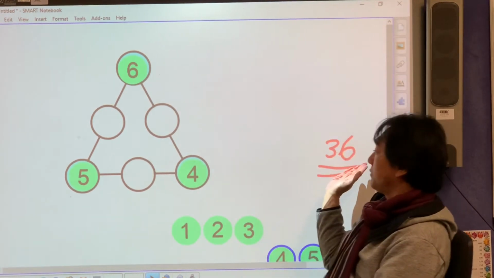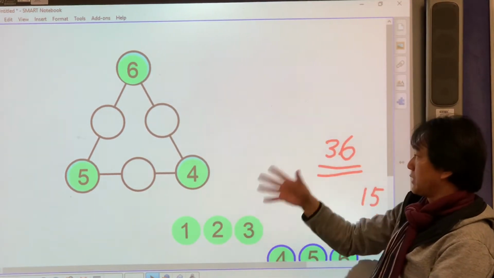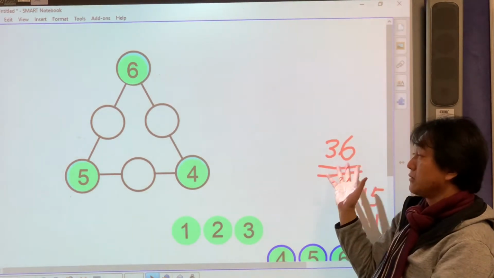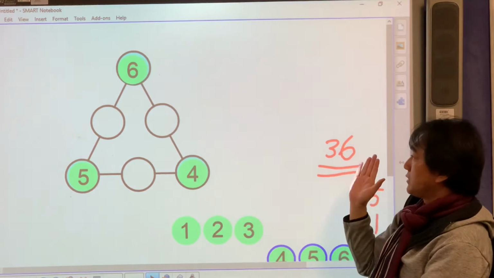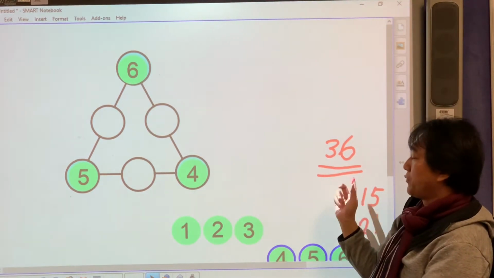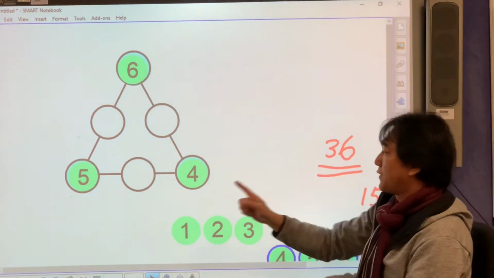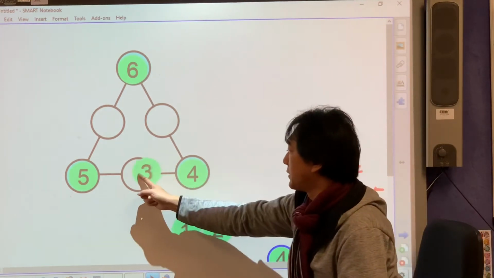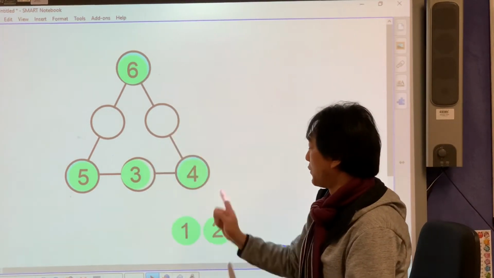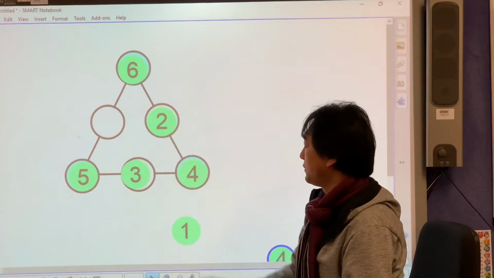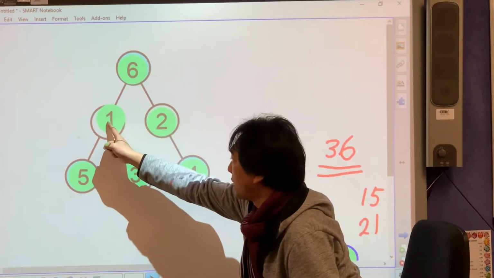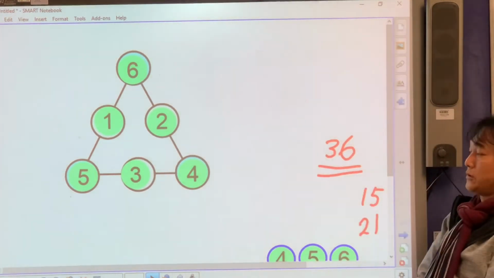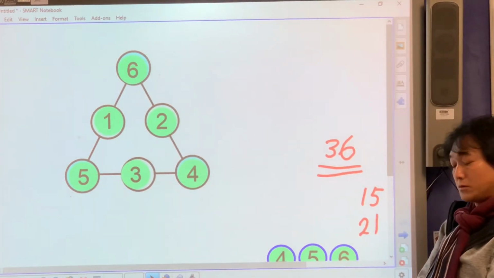Then I know, because if we add all the numbers together, that was 36, including those corners counted twice. So each line should have 12. 5 plus 4 plus 3 is 12. 6, 4 and a 2 is 12. 5, 6, that's 11, so that's 12. So that's another solution. That's a second solution.